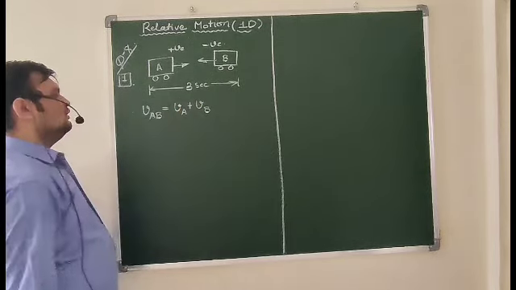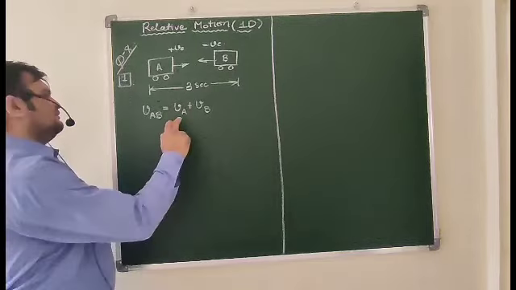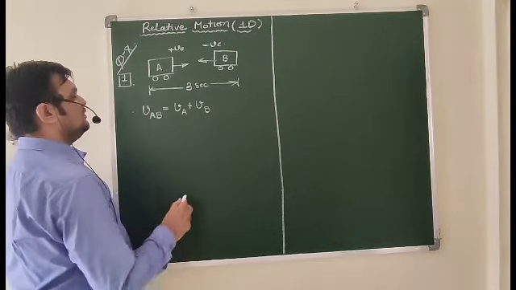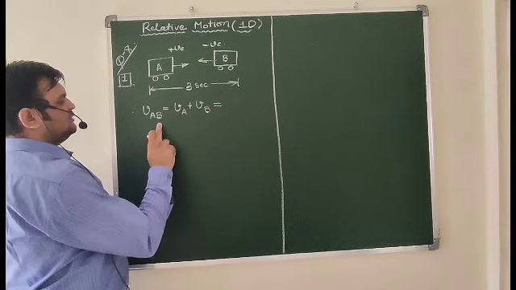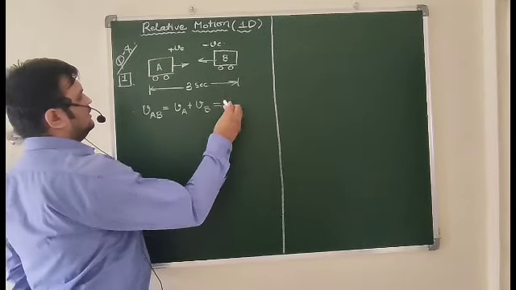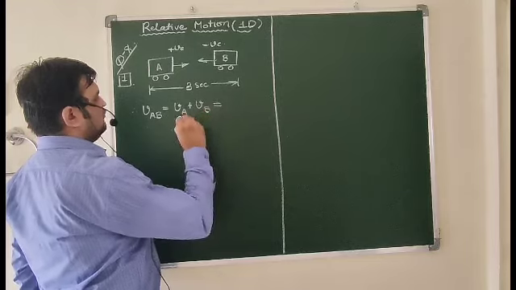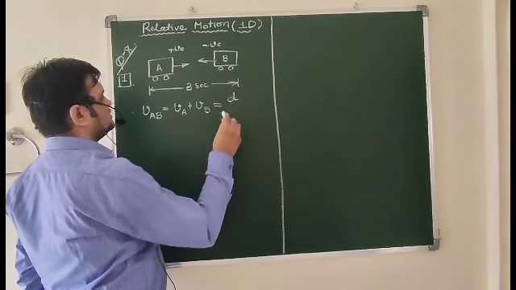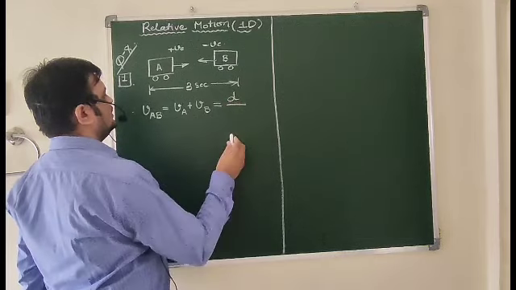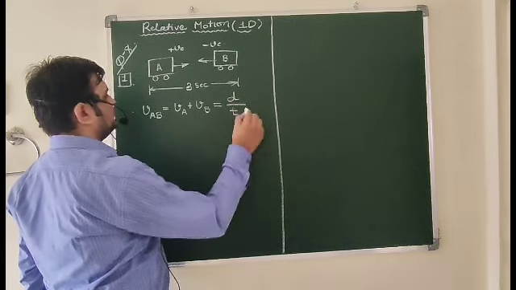So here VAB is VA plus VB. Now the relative velocity of A with respect to B, that is VA plus VB, and the other expression is the relative distance divided by relative time.